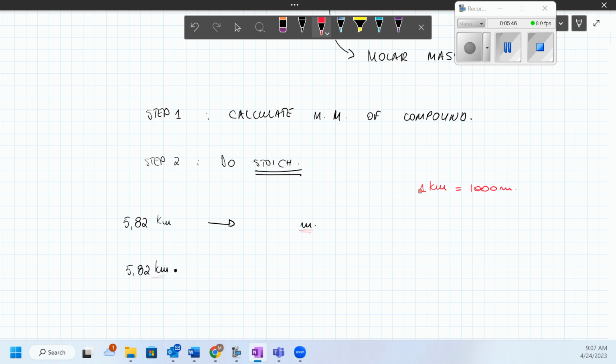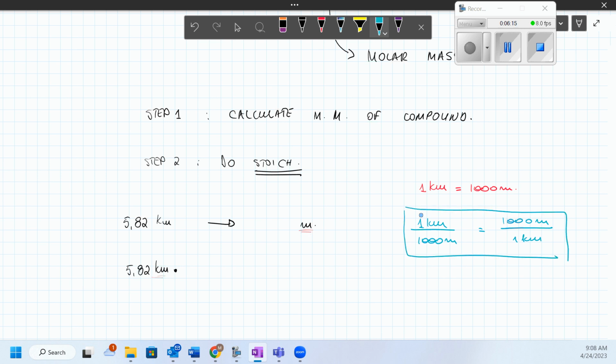In other words, if we write it as a ratio, since we are talking about the same thing over the same thing, it means 1. So 1 kilometer over 1,000 meters, or 1,000 meters over 1 kilometer, is 1.